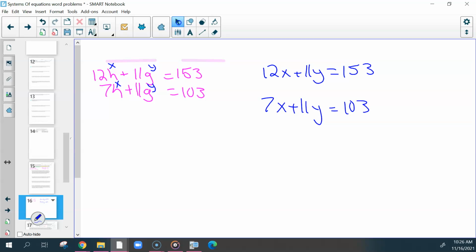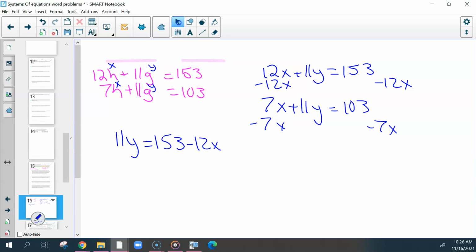We are then going to solve both equations so that they're in slope-intercept form. So subtract 12x. I'm going to kind of do this simultaneously. So this one would be 11y equals 153 minus 12x. This one would be 11y equals 103 minus 7x.